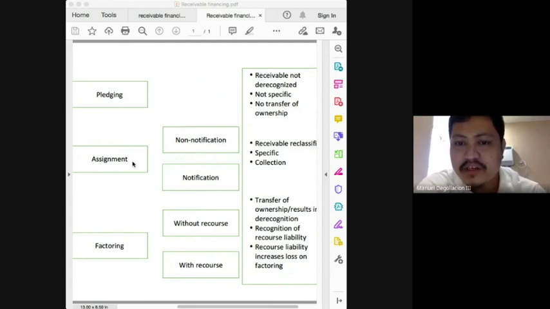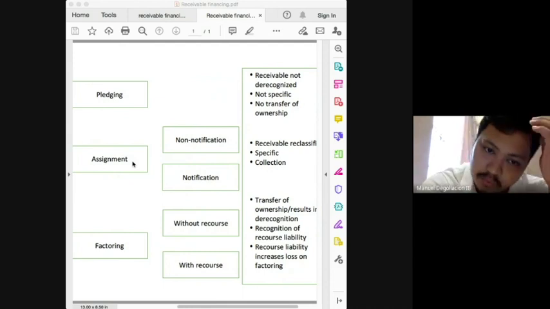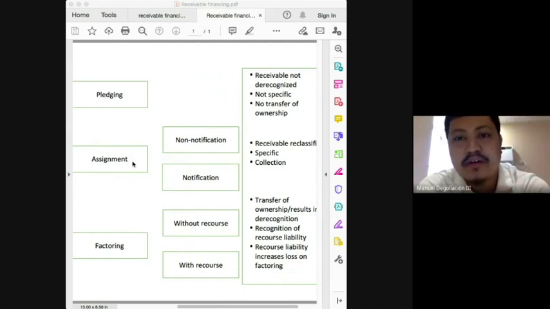Whereas in pledging and in assignment, since you are just using them as a collateral, the receivables that are being pledged or assigned will still remain in our records. So for both pledging and assignment, the receivable will not be derecognized.